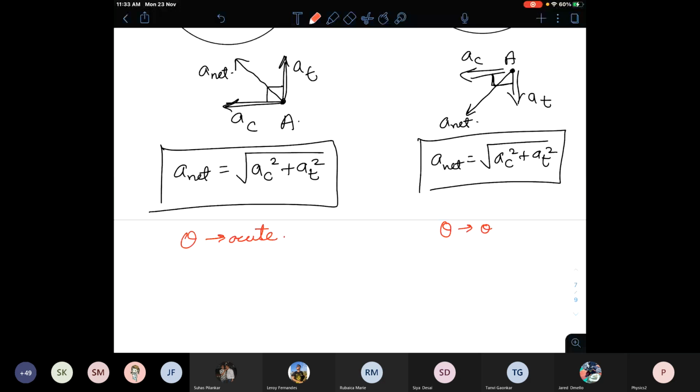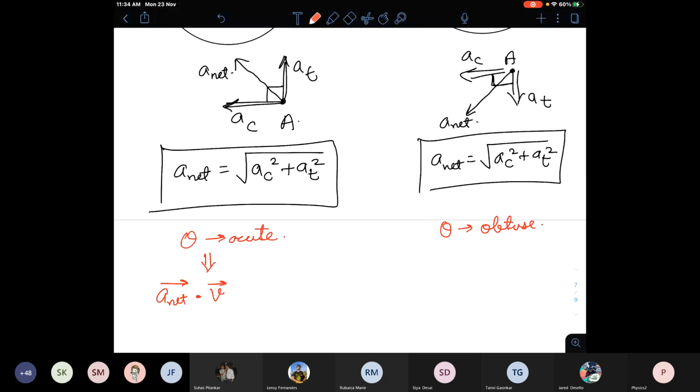So what we can say is that if someone writes A net dot v vector, you know the formula. A dot v is A v cos theta. A is the magnitude, v is the magnitude, so they will be positive.